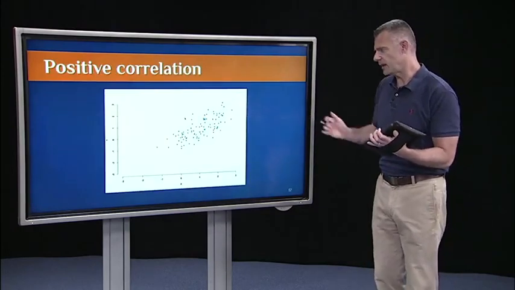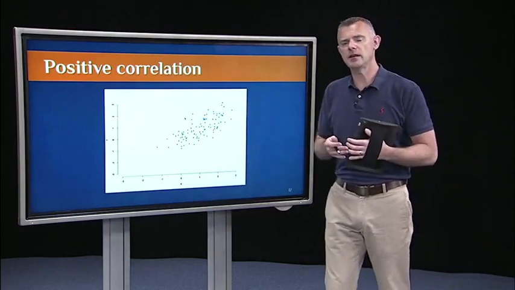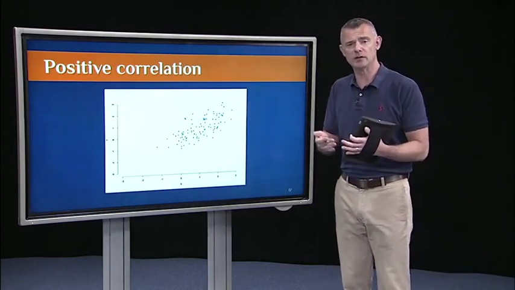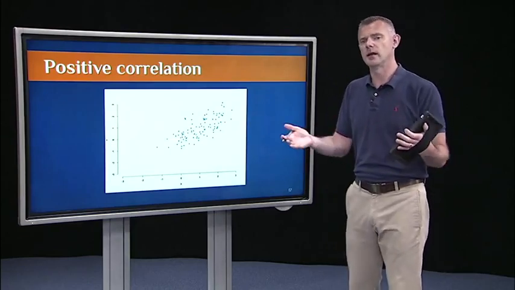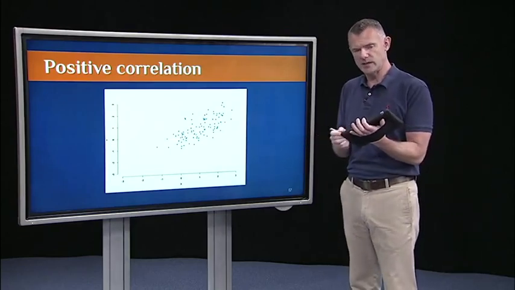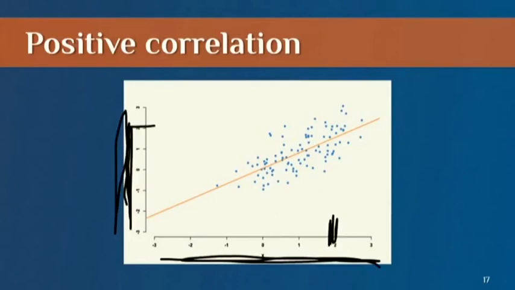So here's an example again of a positive correlation. And this is what we typically see if we administer some sort of mental test or IQ test to lots and lots of people. What tends to happen is if we have one IQ test here on the x-axis, people who do well on this test, they tend to do well on another IQ test.